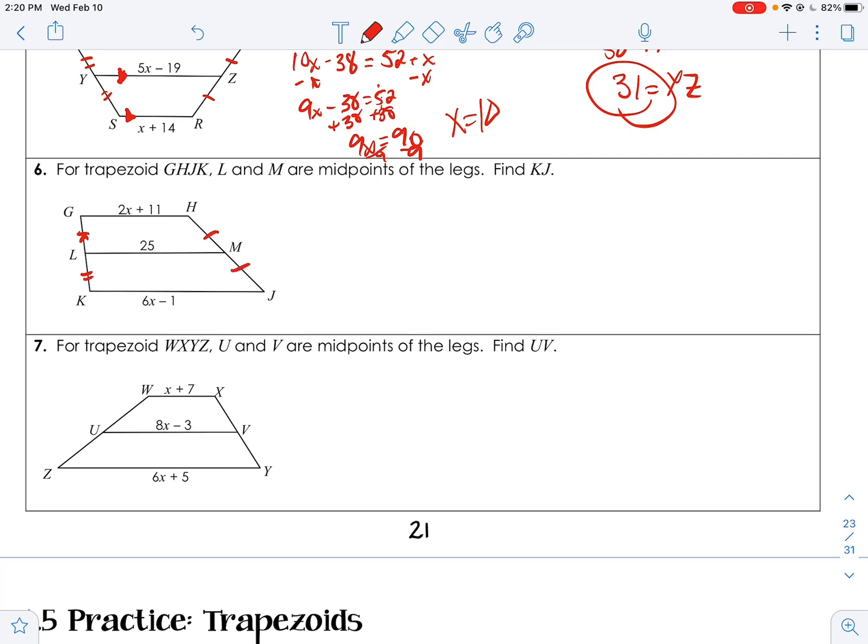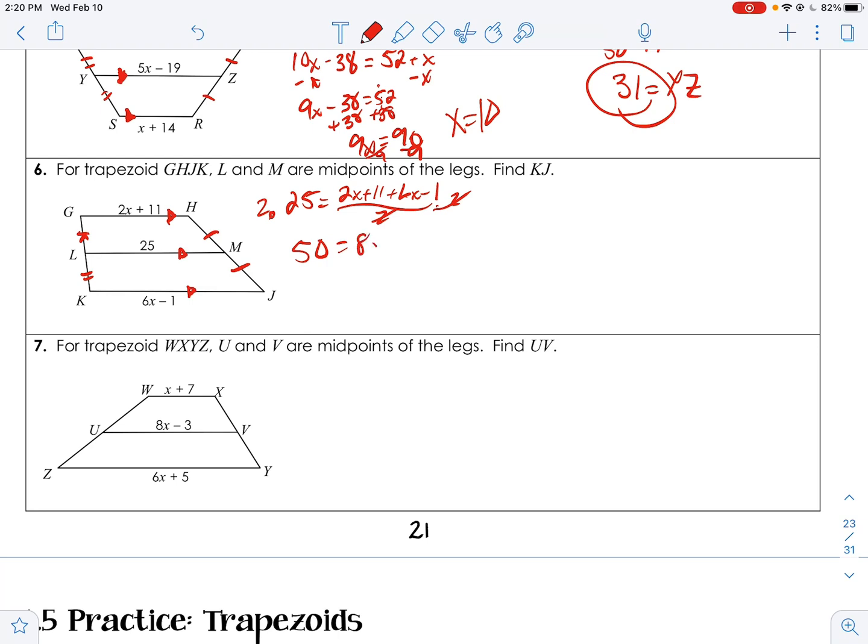Here we go. We know that this and that and this and that. We know that all these guys are parallel. And we know that 25 is equal to 2x plus 11 plus 6x minus 1 all over 2. Well, let's get rid of the 2 part first. I don't like it being a fraction, so let's just multiply by the denominator.